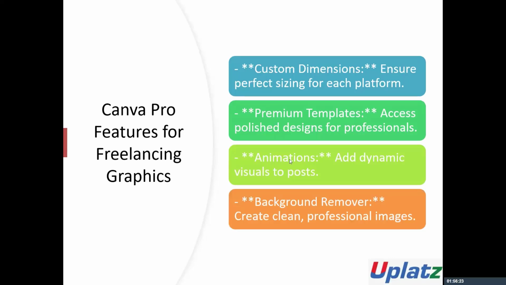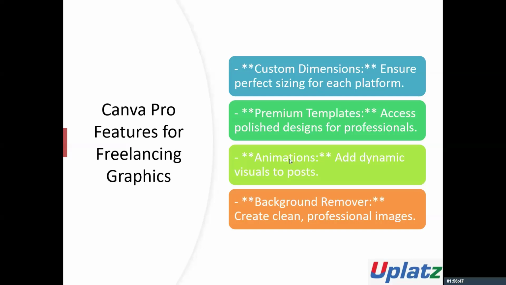So we also have Canva Pro features for freelancing graphics where we have custom dimensions where we need to ensure perfect sizing for each platform. The next part will be premium templates where we can access polished designs for professionals. We have animations where we can add dynamic visuals to post.